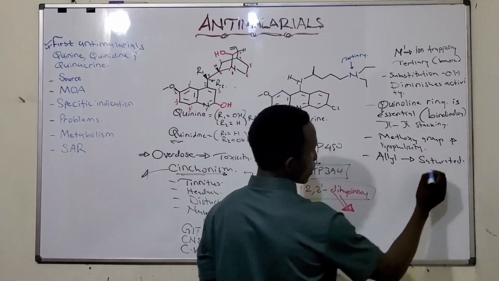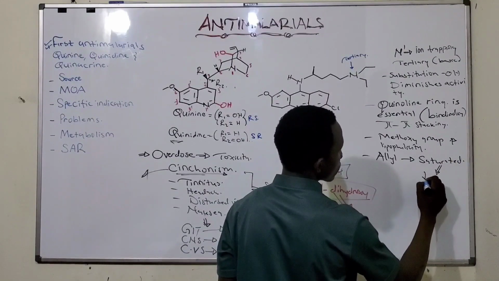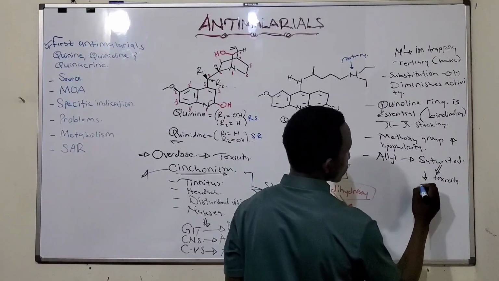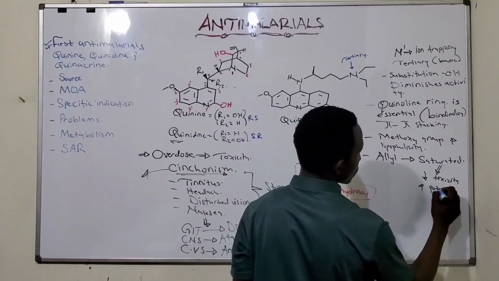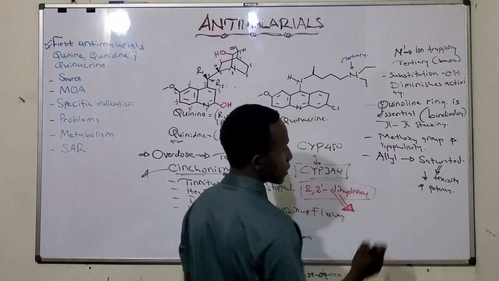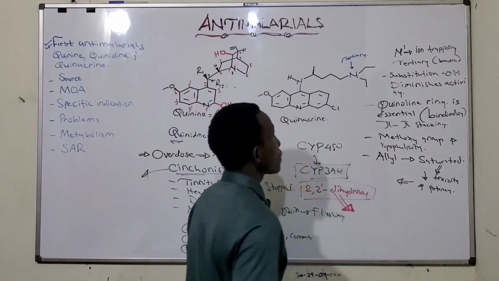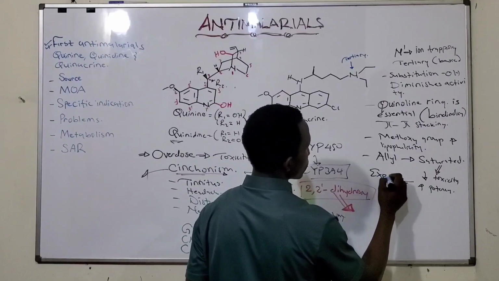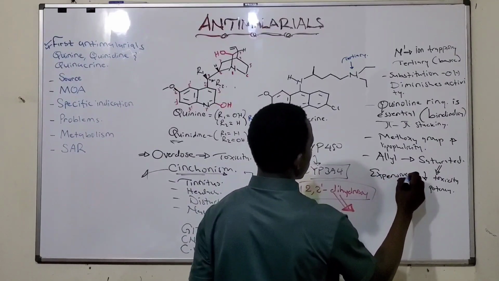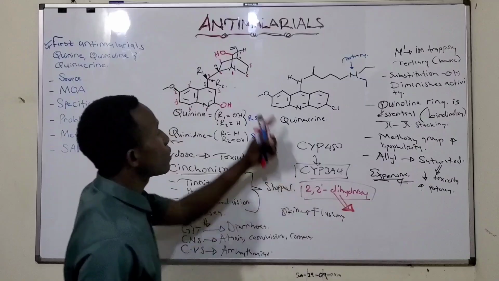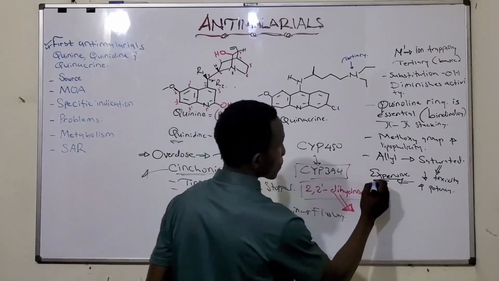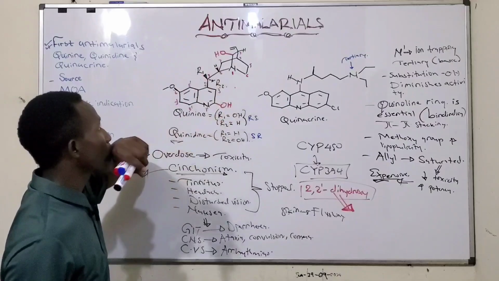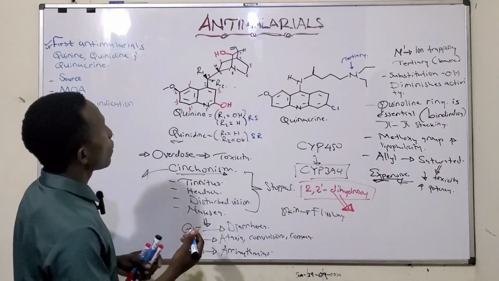And saturation decreases the toxicity and increases the potency of the drug, but it is relatively expensive to produce. So it is expensive, but can reduce toxicity and increase the potency of the drug. What else?